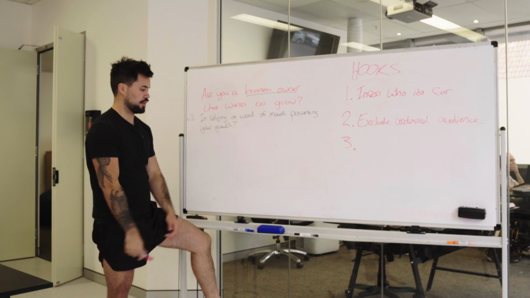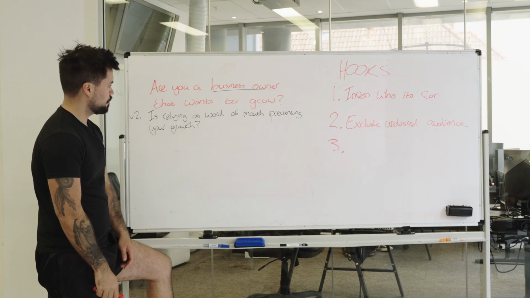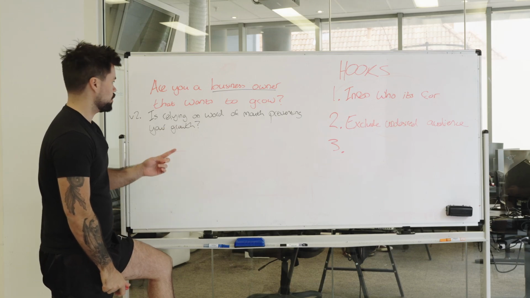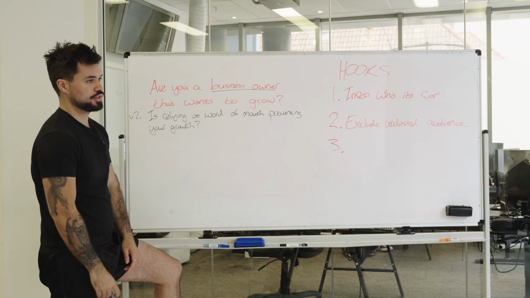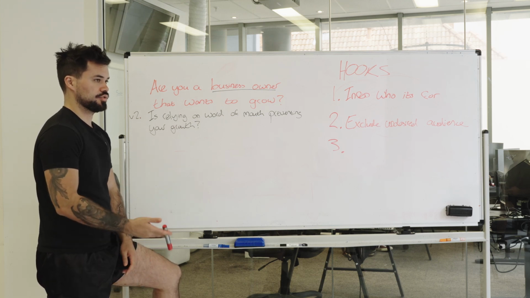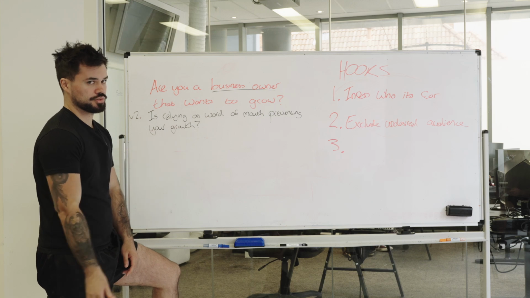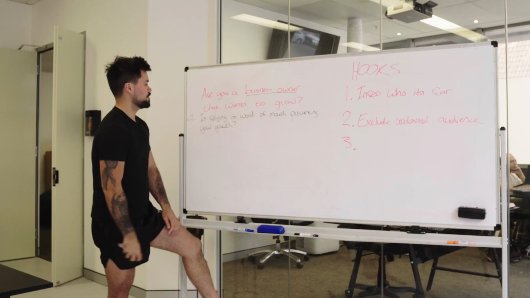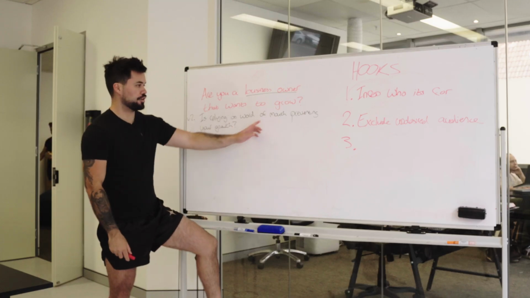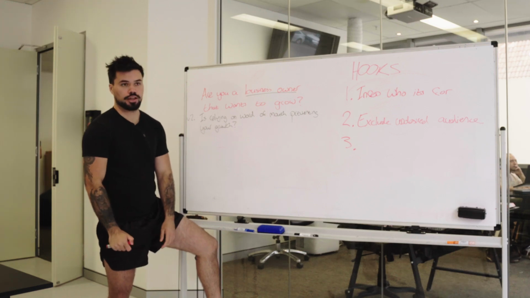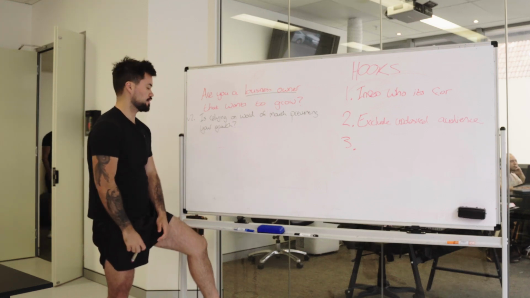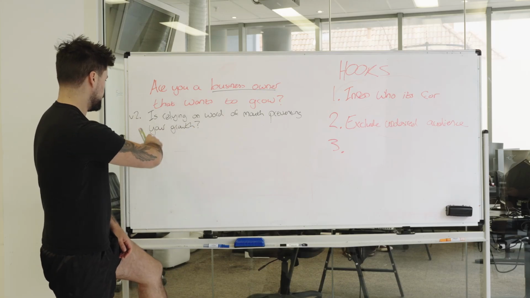And so we need something in here that excludes e-commerce business owners from clicking this ad in the first place. The way we can do that is with the same activity we did before: we can make the problem clearer that this is for service-based business owners. For example, e-commerce business owners don't need to generate leads. They produce sales directly off of their website without any conversations. So what we can do is add a component to this hook that implies you need to generate leads. Is relying on word of mouth preventing your growth?